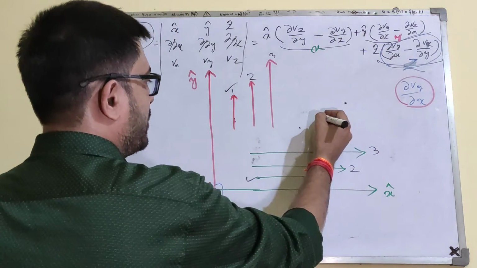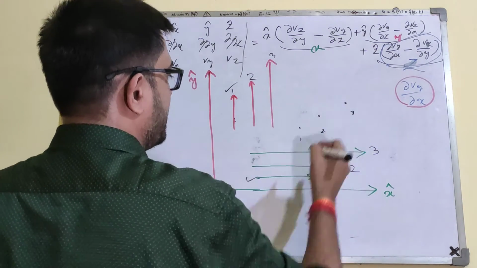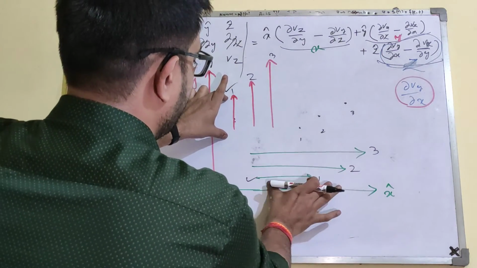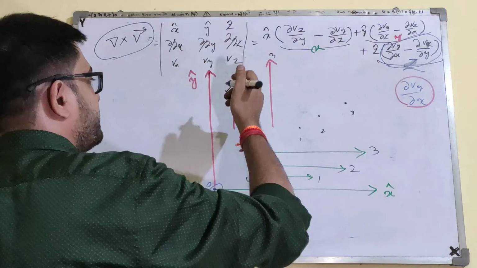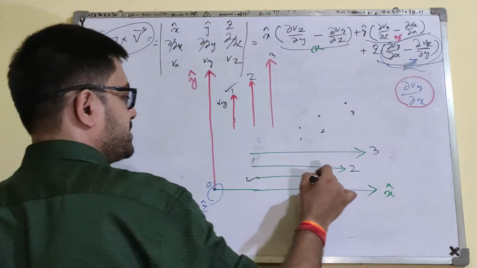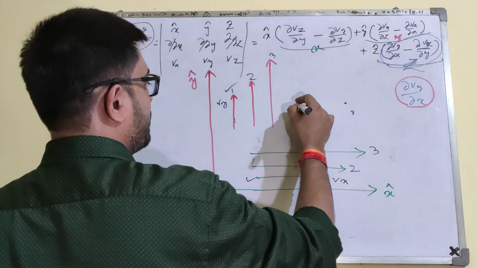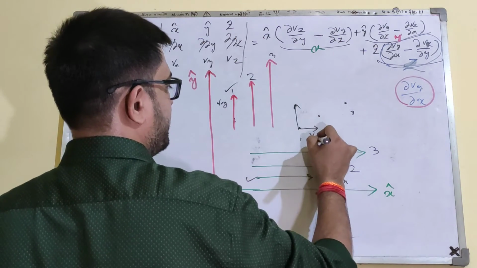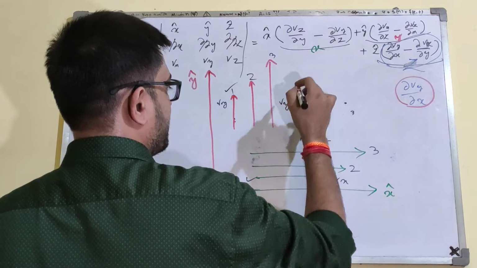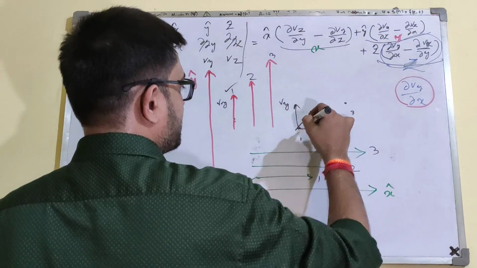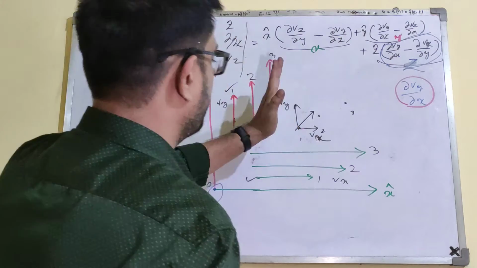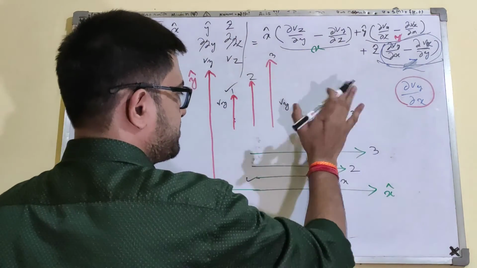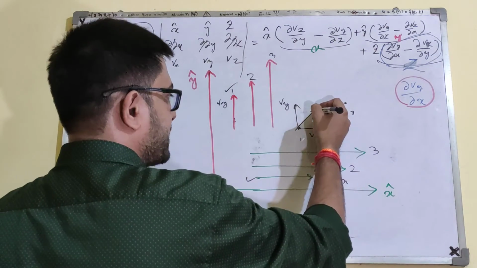For point 1, this is Vy, and this is Vx. So at point 1, I get a vector with components Vx and Vy. If you have the x component and y component, then you will find the vector in this particular xy plane or z plane. This will be the net vector.